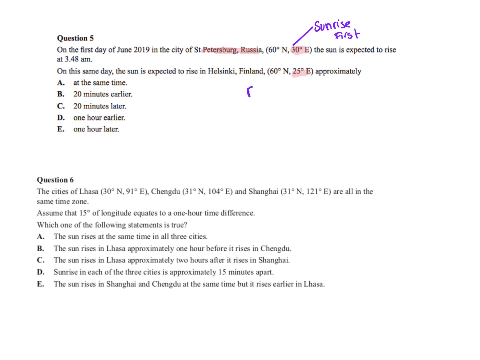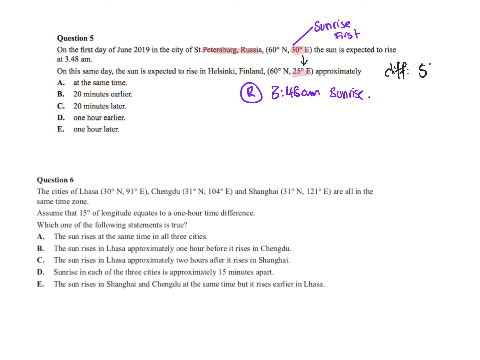So in Russia, 3:48 a.m. was sunrise. Now we want to know the time difference between these. Remember, the difference will be the difference in their longitudes.